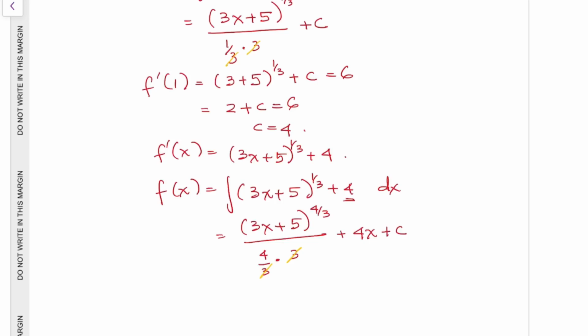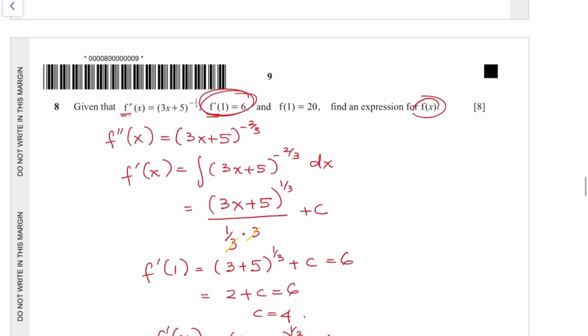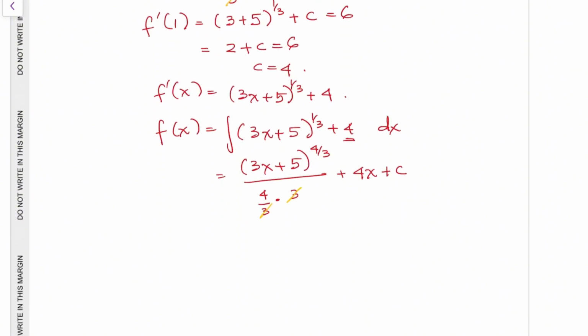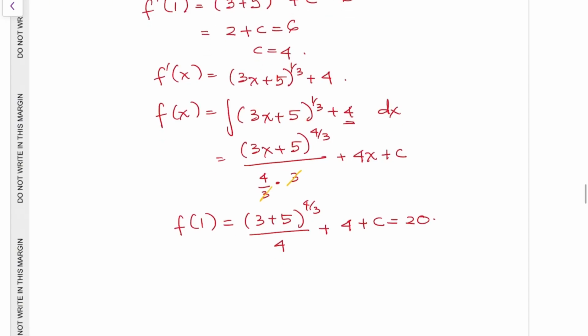What can you substitute in order for you to find the c? You can substitute that f 1 is equal to 20. Therefore, f 1 would be (3 times 1 plus 5) to the power of 4 over 3, divided by 4, plus 4 times 1, that is 4, plus c is equal to 20. Right?